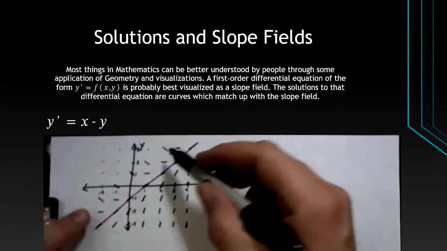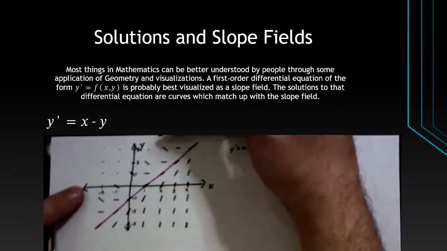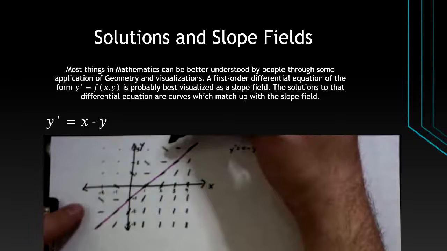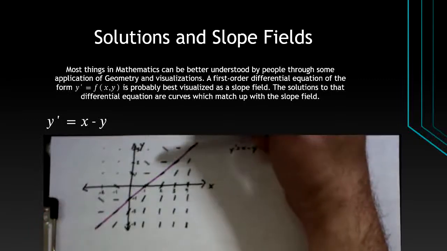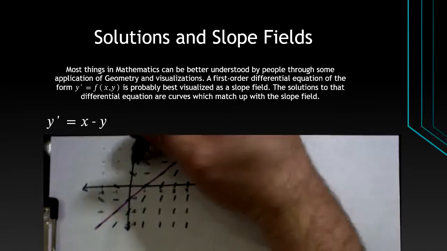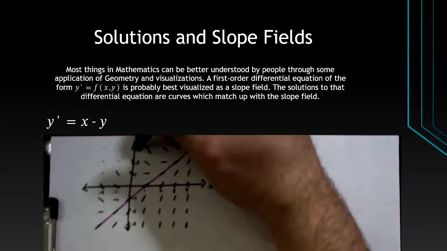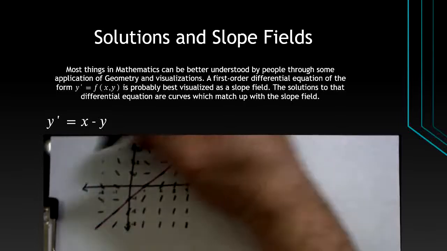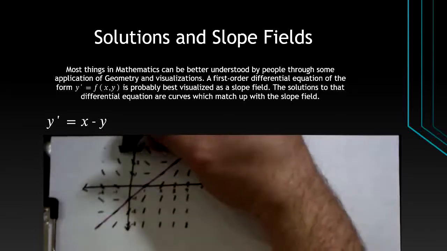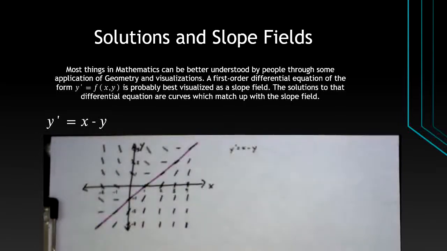And for every point I go diagonally from here upwards, my slope is going to become steeper, but also keep in mind it's already negative. So here we'll have a slope of -2, then -3, -4, -5.